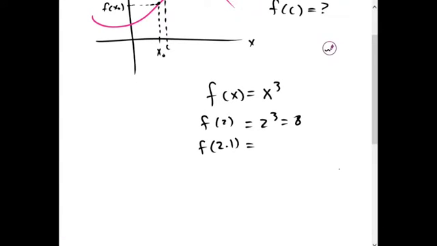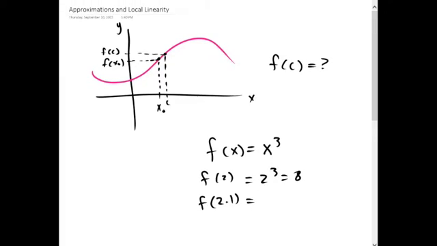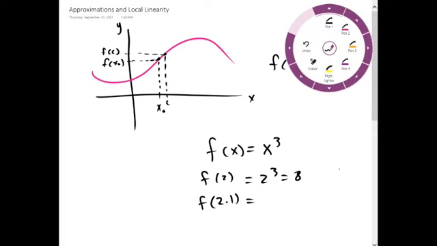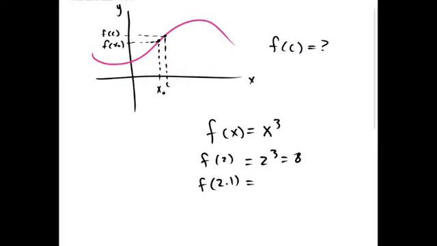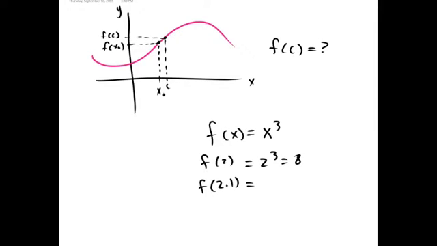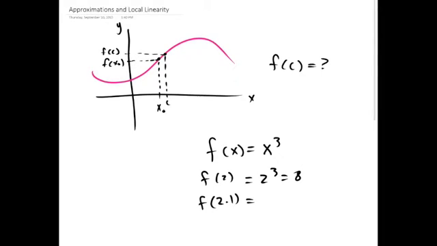So we're not going to find the exact value of this. This is useful for sines and cosines and exponentials and logs, where it isn't as easy to do the computation by hand as it is for cubing.